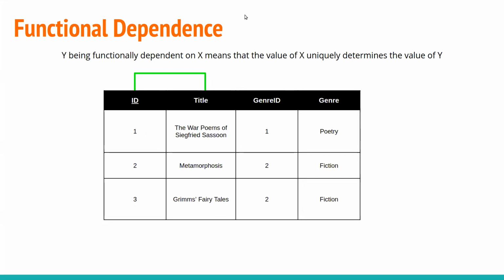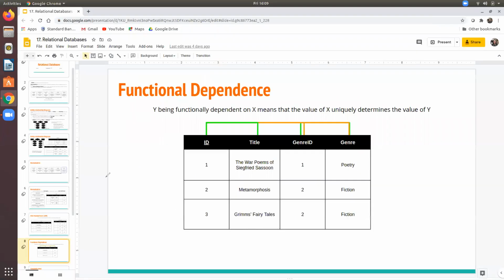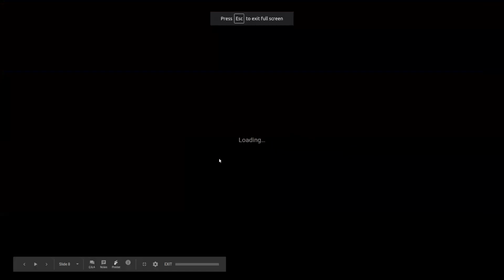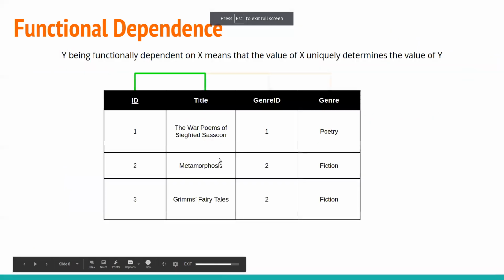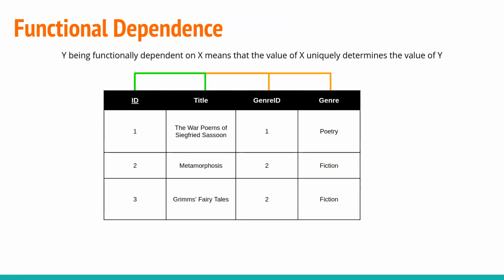So why is this? Let's see. It's interesting to see that the word uniquely is what's stopping genre from being functionally dependent on ID.